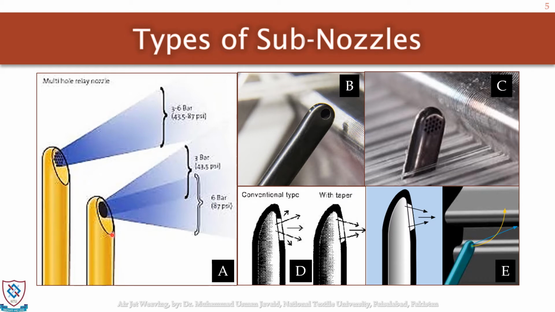Technically, the multi-hole nozzles provide a consistent distribution of the air, while if we use only a circular or round single hole sub-nozzle, it can have variations in different regions where the pressure is released.